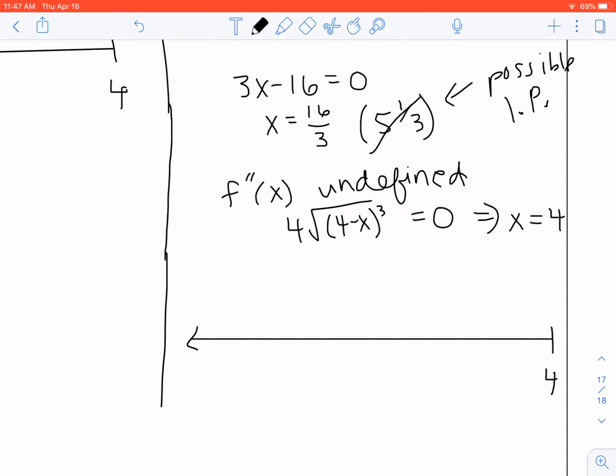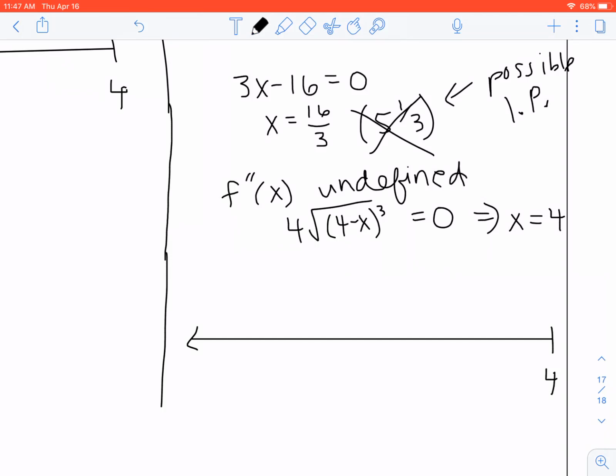So we don't even have anything right here to worry about. So the only possible inflection point is at 4, which is at the end of our domain. So pretty much the concavity of our whole interval is going to be the same. So the whole graph is either going to be concave up or the whole graph is going to be concave down. So again, we need to pick a value in here to test, something smaller than 4, and substitute that into our second derivative to figure out if it's concave up or concave down.